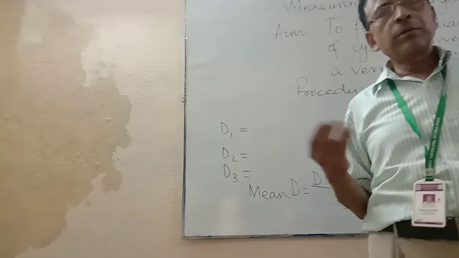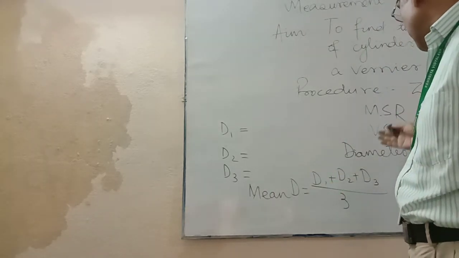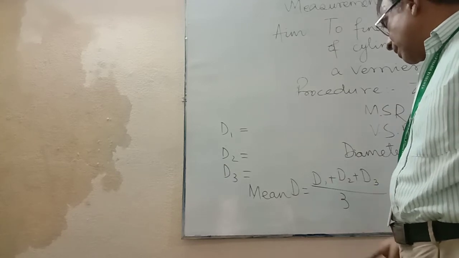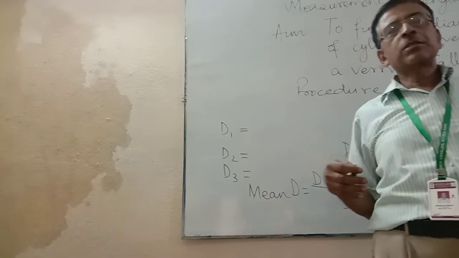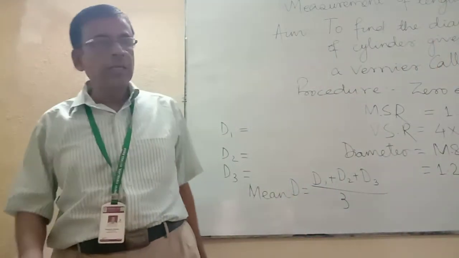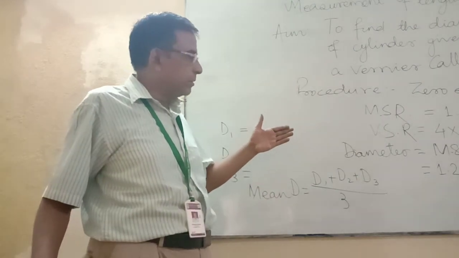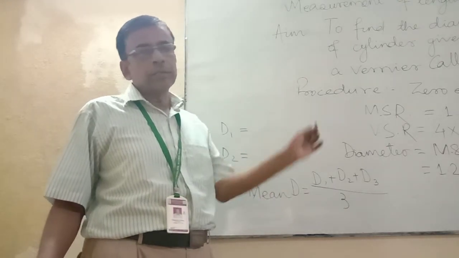In theory you write down least count, zero error, etc. Then in procedure you write all this procedure, and then observation and calculation. If calculation is not there, means volume is not asked, only diameter is there, then end your thing there. Then you write down the result at the end.